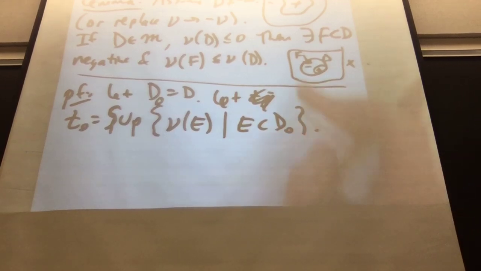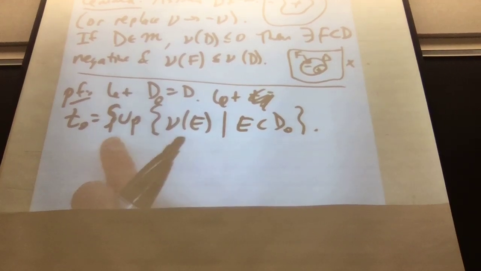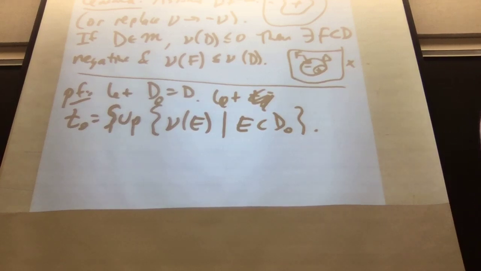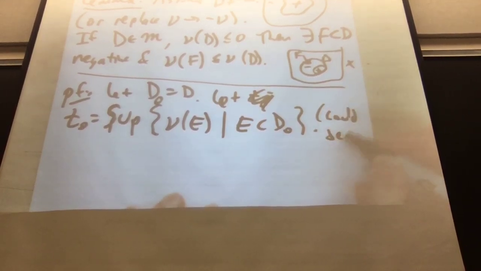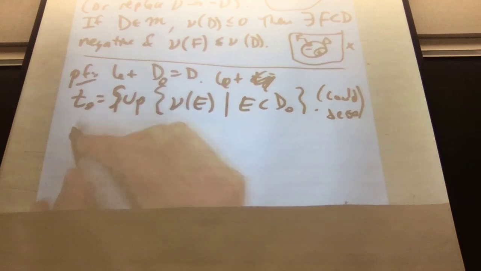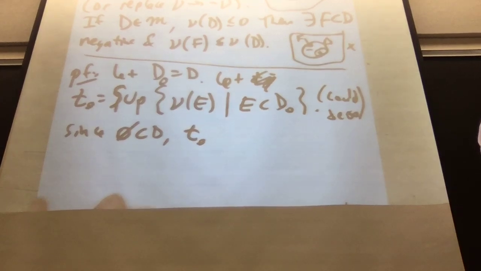Okay, so I take all possible measurable subsets of D0, and I look at their nus, and I look at the largest one. It might be infinite. Could be infinity. That's okay. Either way, one thing I do know, since the empty set is a subset of D, is that it can't be negative.